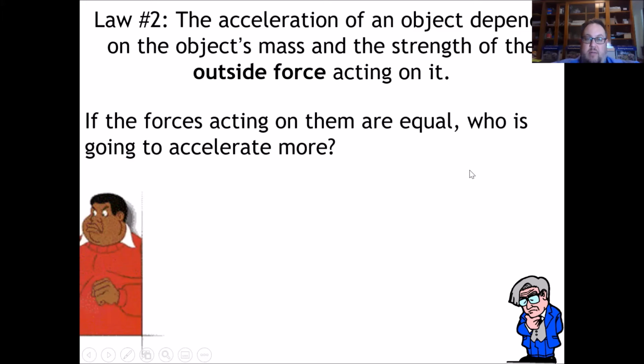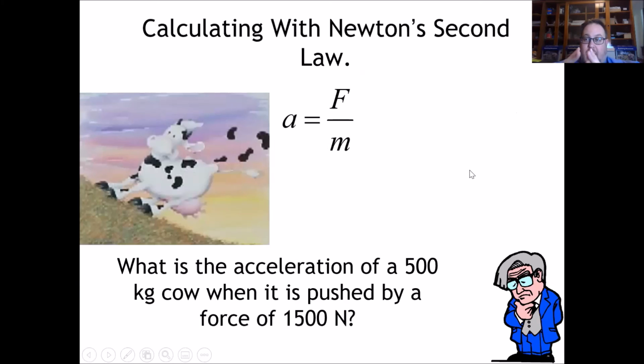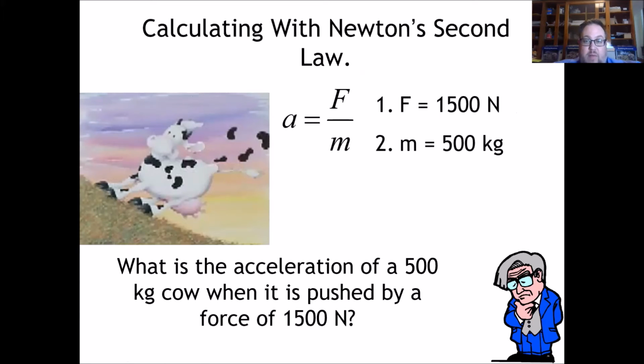Okay, so say we have an example of a cow. Let's calculate the acceleration acting on this cow. What is the acceleration of the cow if it's 500 kilograms and it's pushed with a force of 1,500 newtons? So you would use your formula, identify that the force was given and the mass was given, and find acceleration.